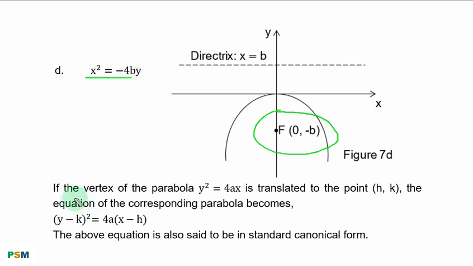If the vertex of the parabola y squared equal to 4ax is translated to the point (h, k), the equation of the corresponding parabola becomes (y minus k) in bracket square equal to 4a bracket open x minus h bracket close.